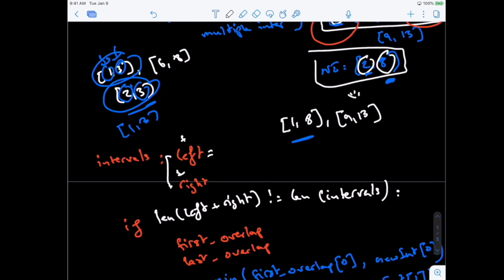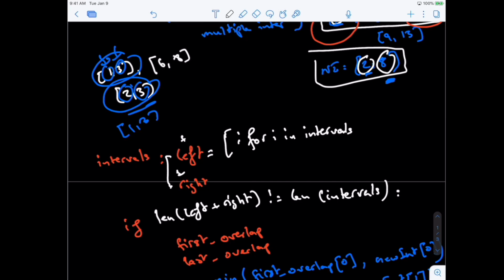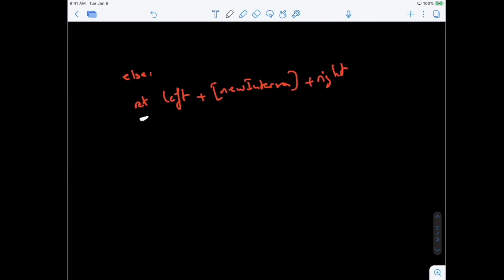So what is left here? Left is just all those that are strictly to the left of the new interval. So how does that look like? So for I in intervals is just the interval. If it's to the left of the new interval, how do we check? So if it's to the left, then the new interval would be here, right? So let's say this is the new start and this is the new end and this is the interval we are looking at.